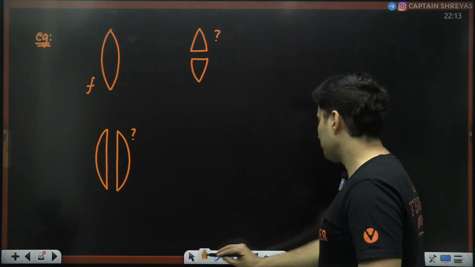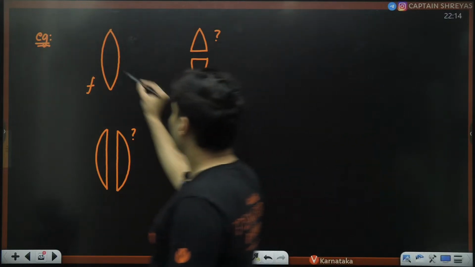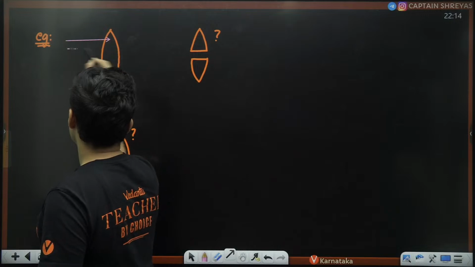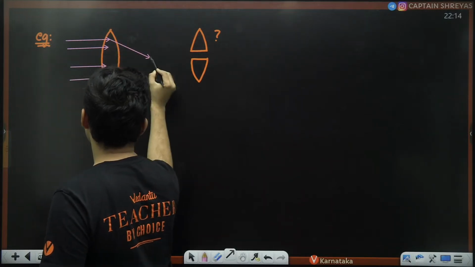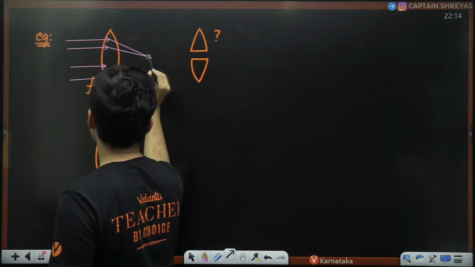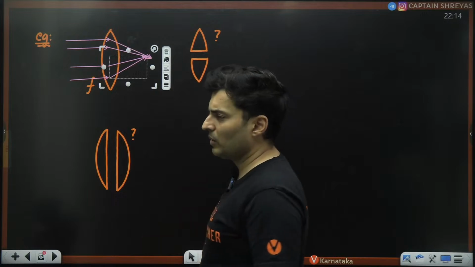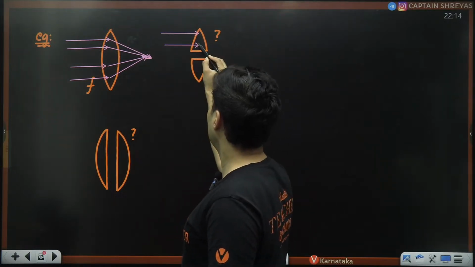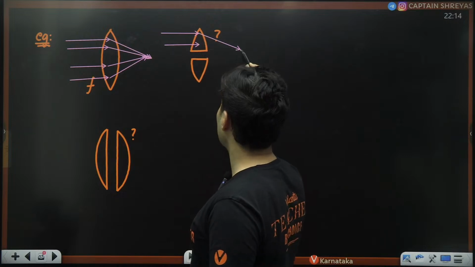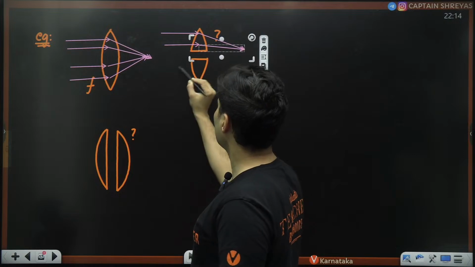Let me tell you. First of all, imagine if the rays were coming like this and they were finally, let's say, meeting over here. How does it matter whether I take the upper part or the lower part? Still, whatever rays are there, they will refract exactly the same way and they will still meet at the exact same point.